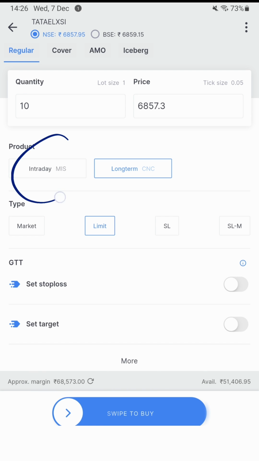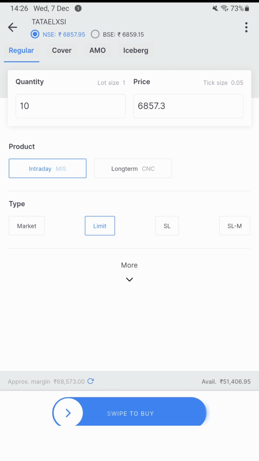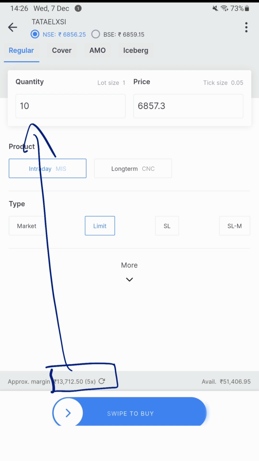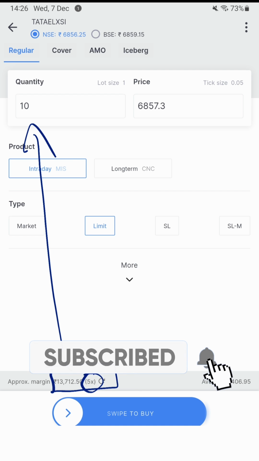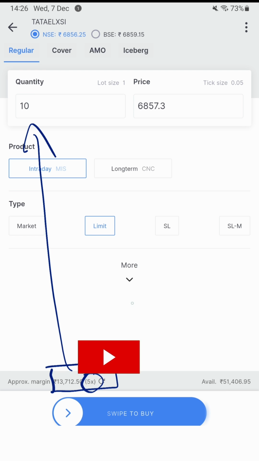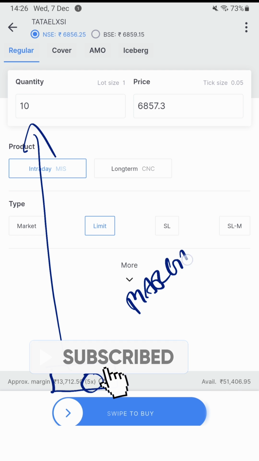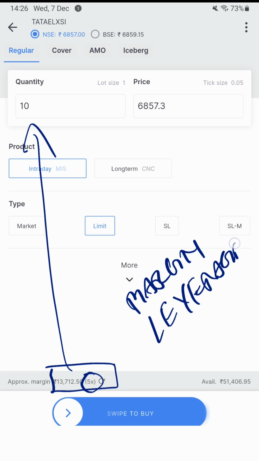Now the moment I switch this to intraday and refresh my margin, remember this is the button you refresh to see your margin, you will see that I can spend only 13,000 rupees and take this trade, the same thing which I could not do just a few seconds back, because I have 5x leverage or 5x margin.